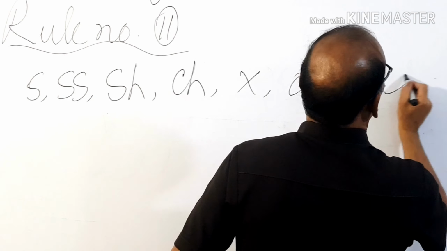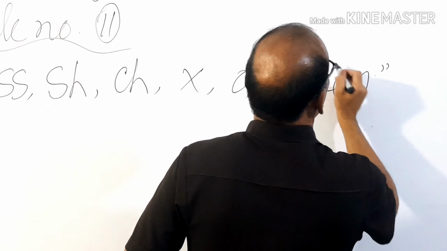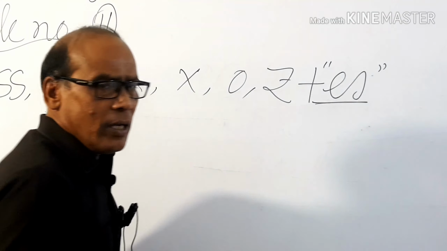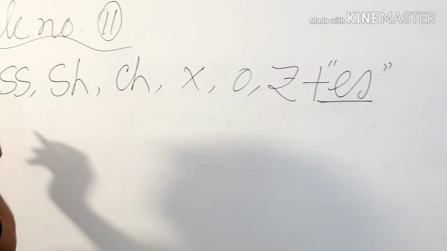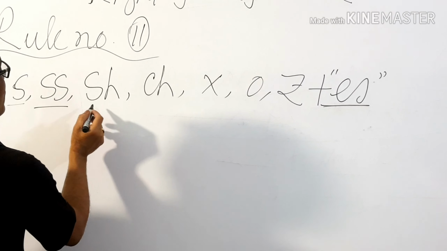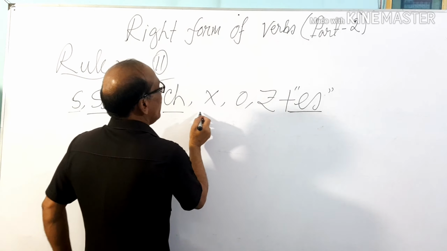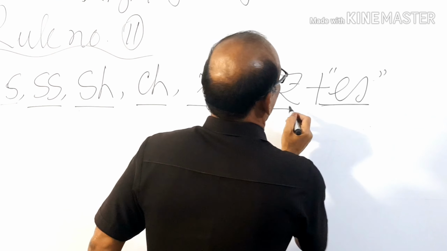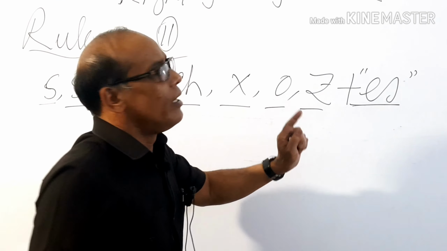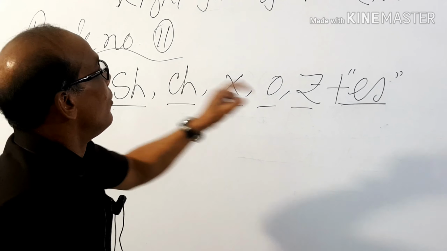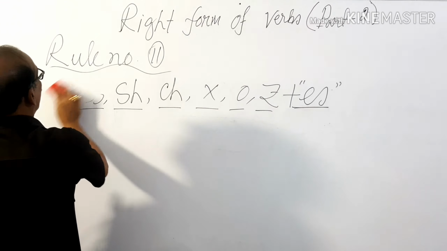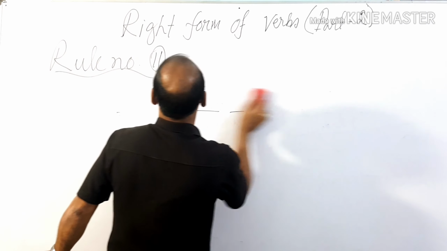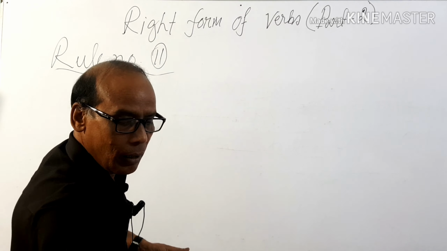In this case, we will have to add es. Please try to remember, if any verb ends in S, double S, SH, CH, X, O, Z, we'll have to add es. Let us discuss through examples.